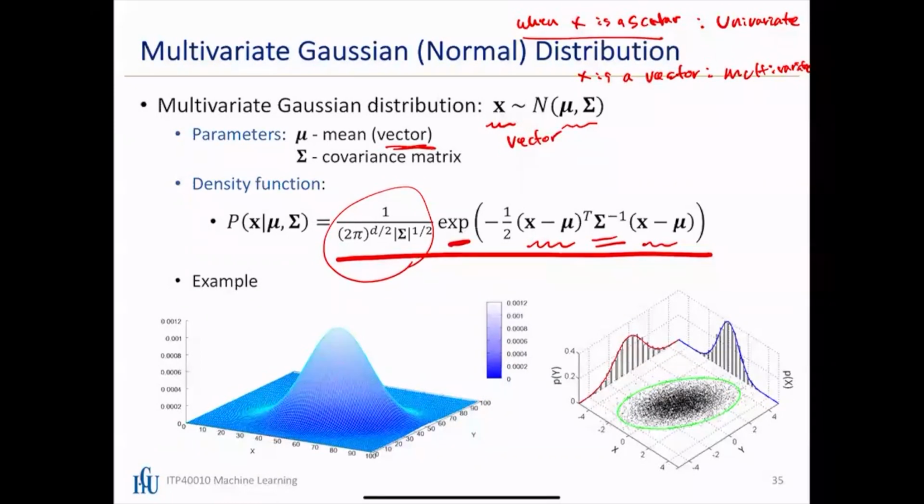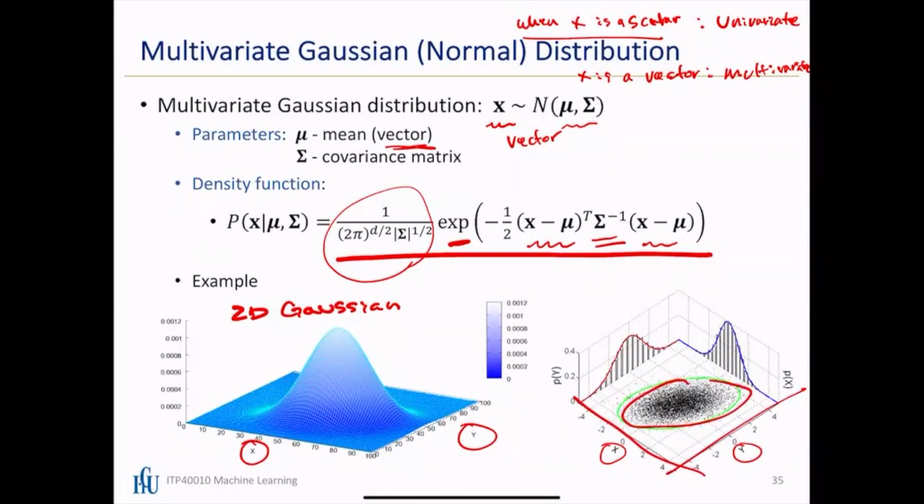And if you visualize this multivariate Gaussian distribution, it defines the distribution between two different variables. So this is a two-dimensional Gaussian distribution, and it still looks like a bell shape in multiple dimensions. And if you look at the distribution of the data points from the top, then it will be like this. It looks like an ellipsoid in the data region.